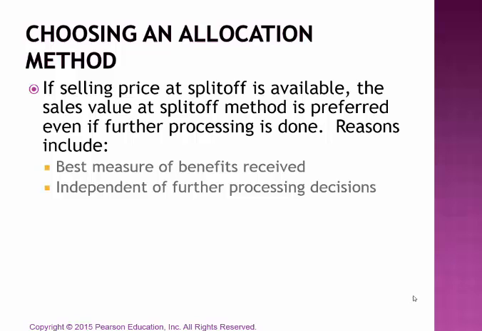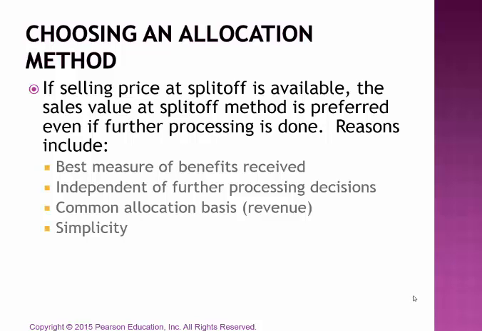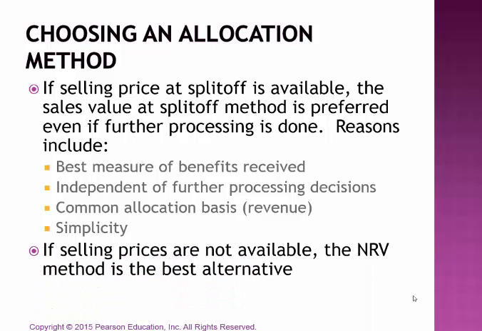It is not taking into consideration any extra processing cost, and it is a common allocation basis. The revenues at the split off point are without major changes in the products, and then of course major changes in selling price per unit. And it is also very simple compared to these other ones that we have taken a look at.